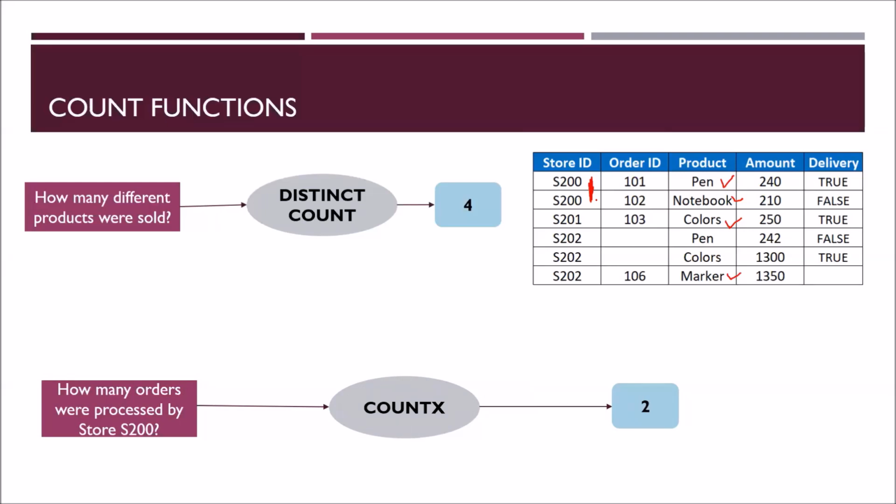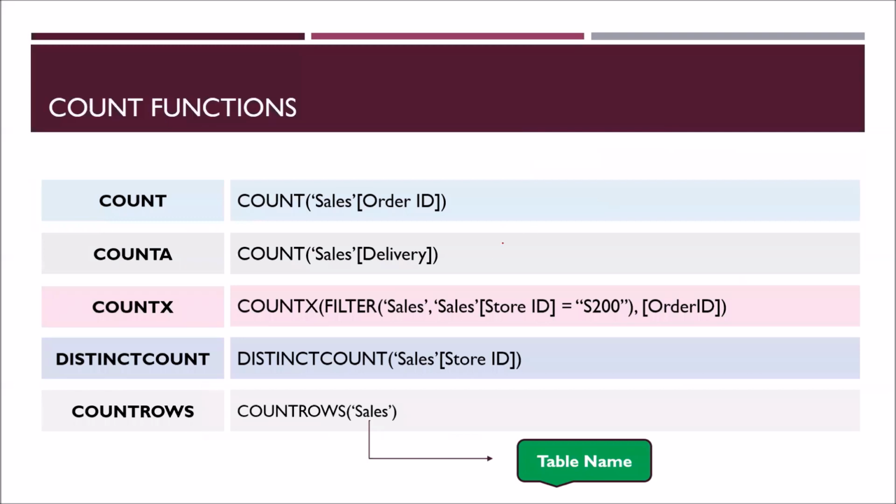So countx has 2 arguments. The first one is table and the second one is expression. And if you see here, this is how my countx works. The first argument is filtering my sales table on the basis of store ID, right? And then I'm counting my order IDs.